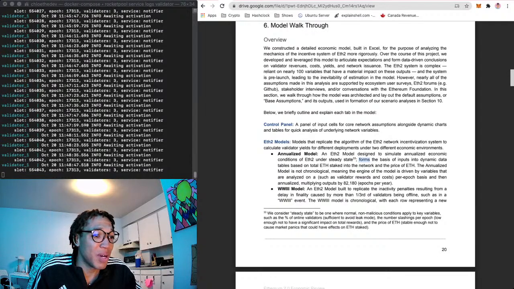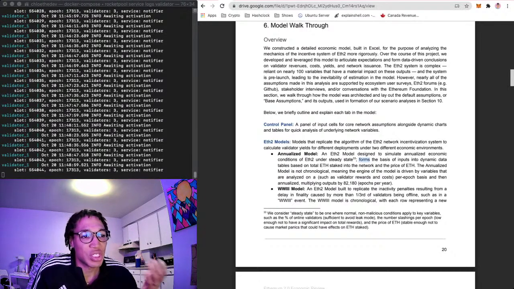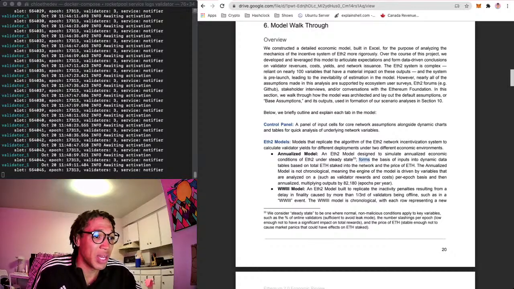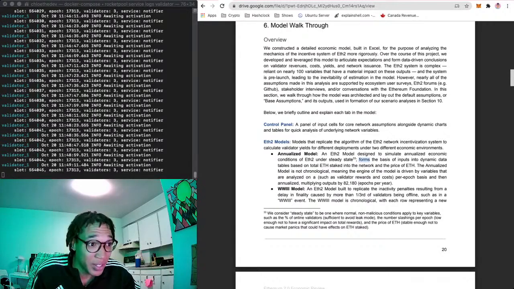The annualized model is not chronological, meaning the engine of the model is driven by variables that are analyzed, such as validator rewards and costs, on a per epoch basis, and then annualized, multiplying outputs by 82,180. That's how many epochs there are per year.